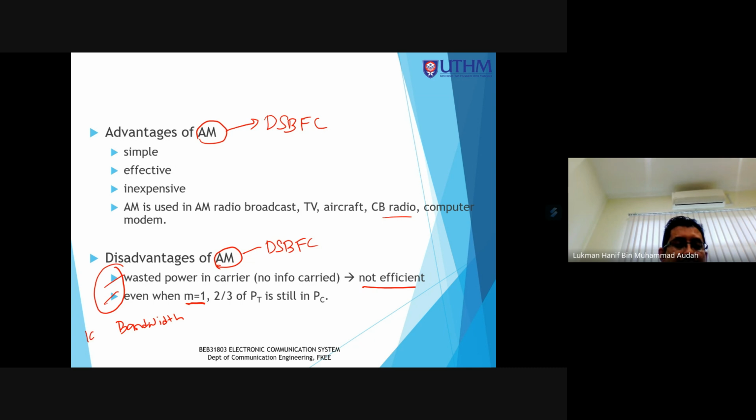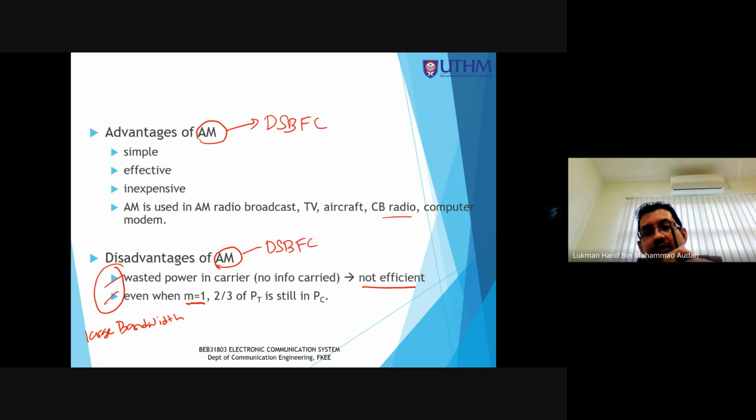Large bandwidth is also a part of the disadvantage for certain kinds of applications. Remember class, when we talk about the advantage or disadvantage of AM, we need to refer to a certain kind of application. Some applications don't care about the amount of power that you use. Even if you use high power for a certain application, it is not a problem.